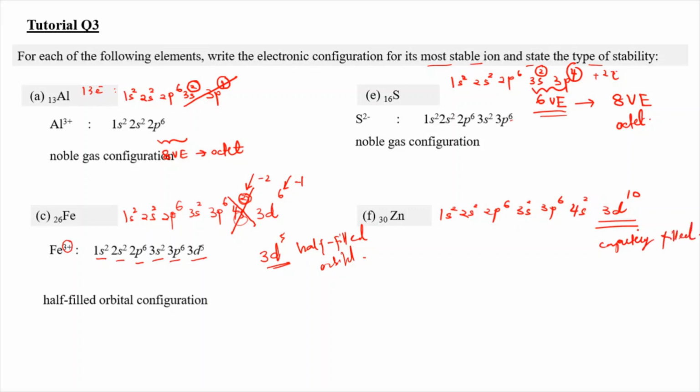And in order to get a completely filled orbital, we need to remove the 2 electrons from here. So we're going to remove here, and as a result, it's going to become zinc 2 plus. So 2 electrons are being removed, and lastly, we're going to get 3d10 here. And this refers to a pseudo-noble configuration or a completely filled orbital. Alright.